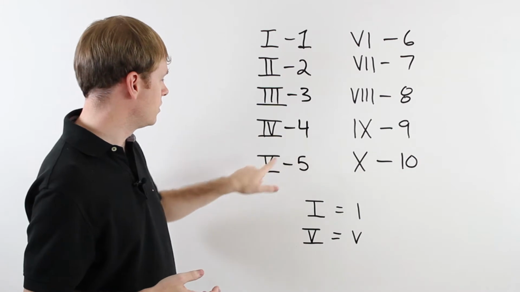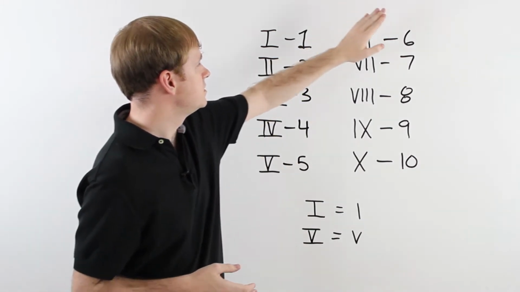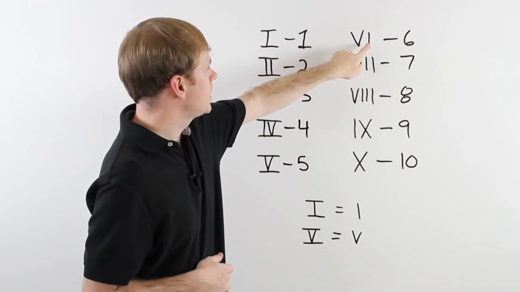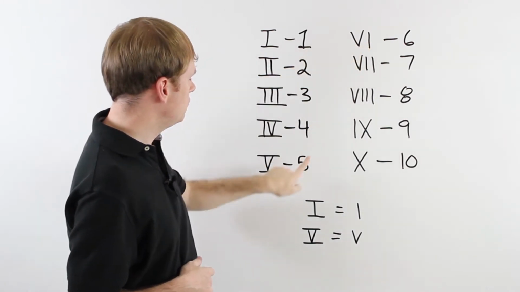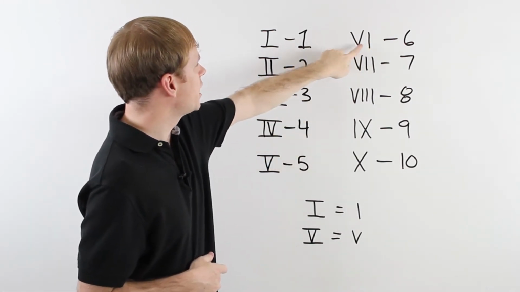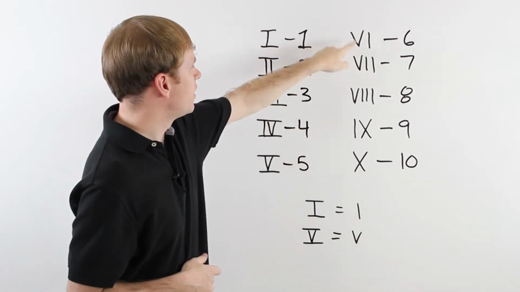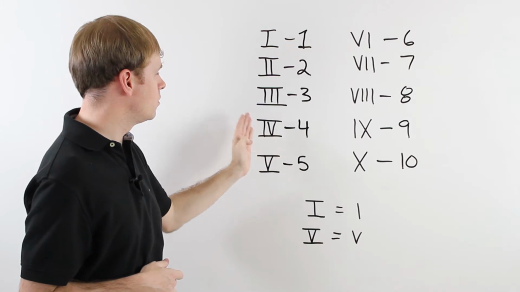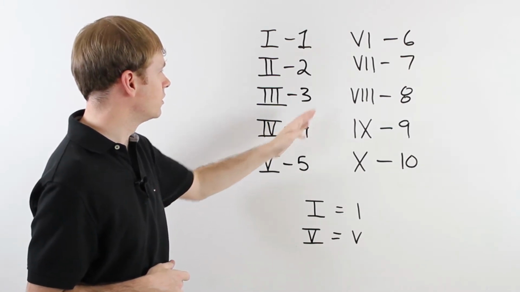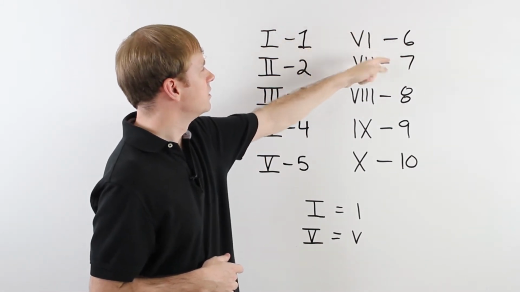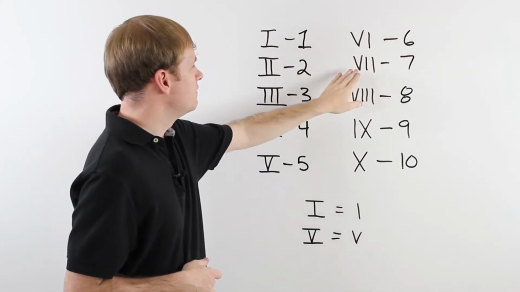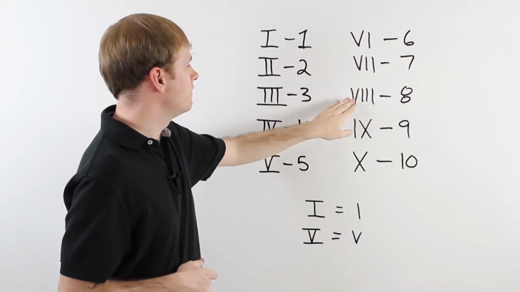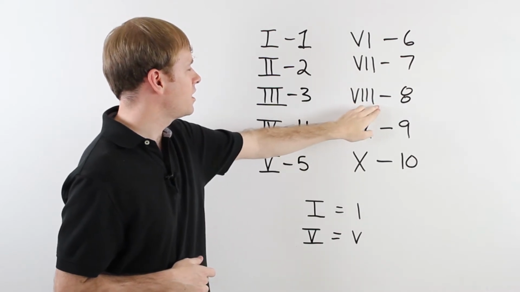This was 4, this was 5, 6. Now 6, V and I. So V we know is 5, I we know is 1, so 5 and 1 is 6. So you notice IV, 1 before 5, 4, VI, 6, VII, 7, VIII, 8.